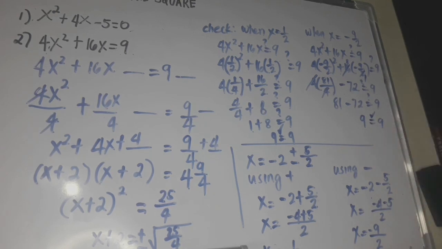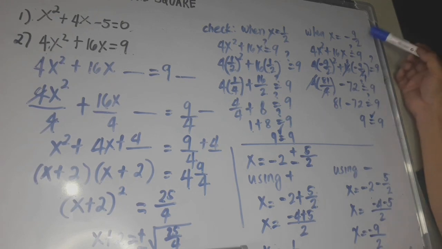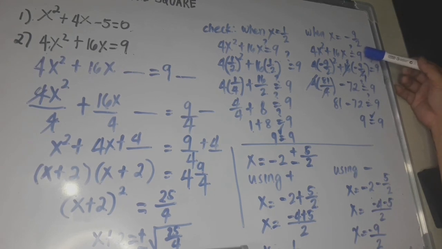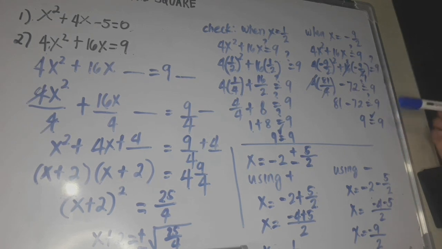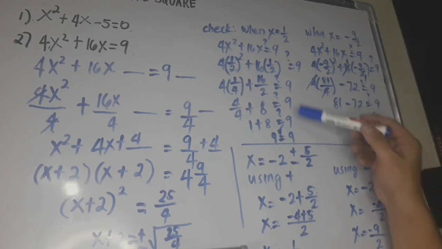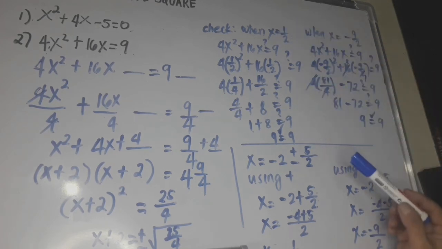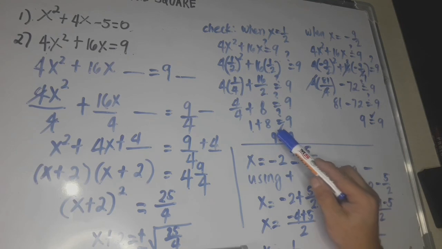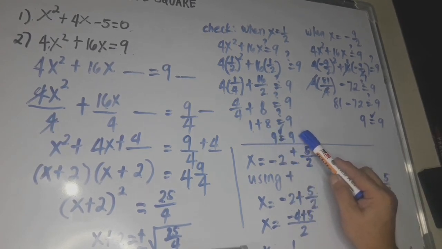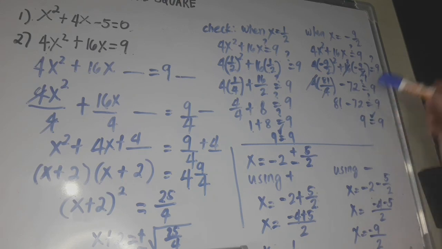So that means to say that the solution negative 9 halves satisfies the original equation, 4x squared plus 16x equals 9. So this solution is correct, as well as x equals 1/2. So the value at the left side equals the value at the right side. And this is now okay.